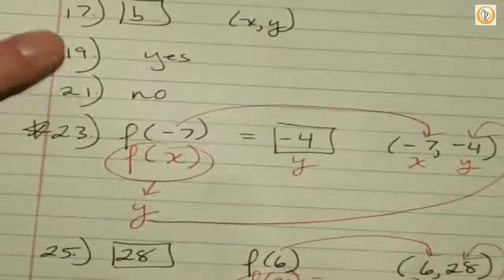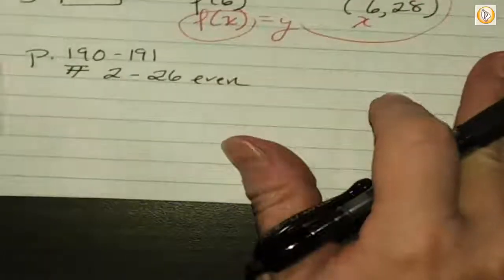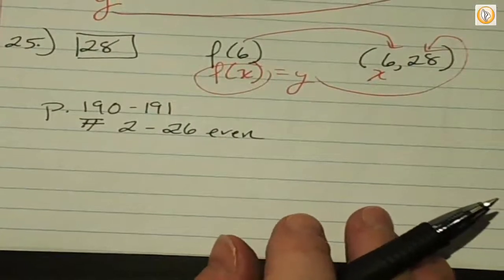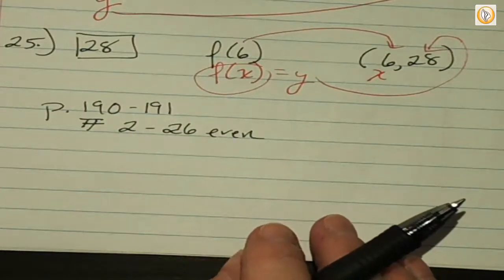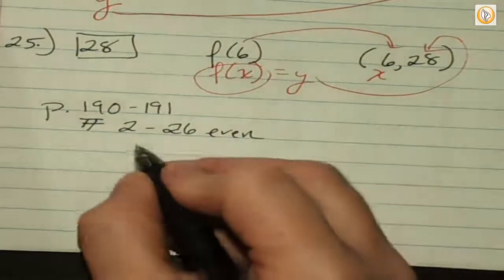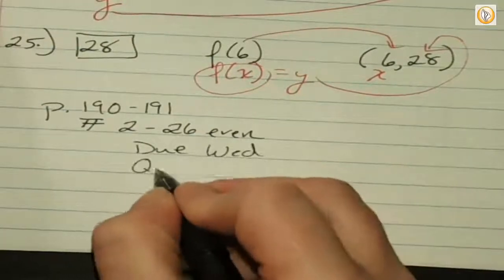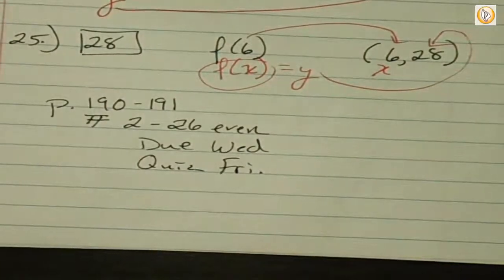So for 20 and 22, just write yes or no. So 2 to 26 even. That's it. That's due Wednesday. You have a quiz Friday. Let's do Wednesday of next week. That won't take you long.